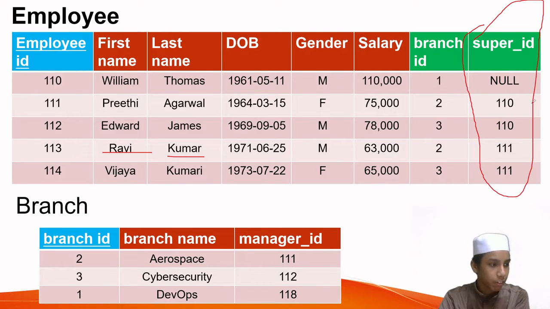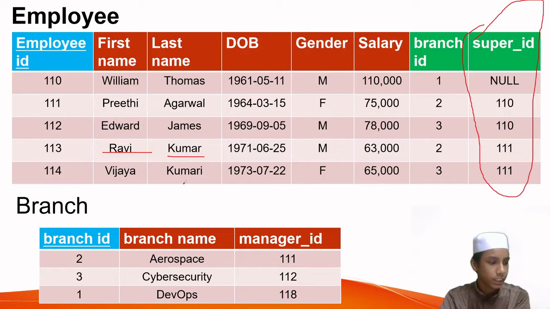Her supervisor is William Thomas, because her supervisor ID matches his employee ID. So Preeti Agrawal is the supervisor of Ravi Kumar.